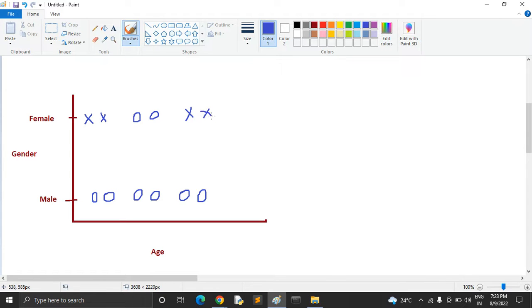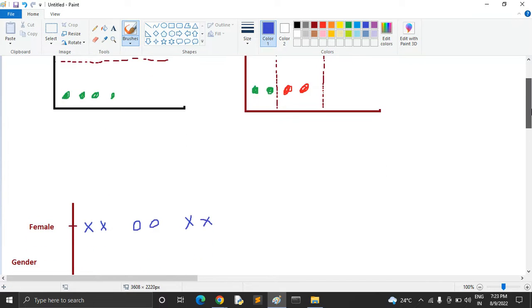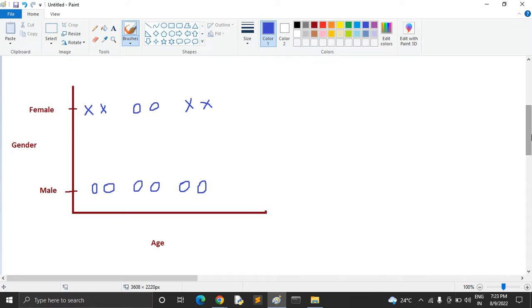Now you can relate to the previous example as to why we require a decision tree, because we have a mixture of data points in the same class. There are females who liked the movie and disliked the movie, whereas male is a completely pure class. It has only one category, liked, but female has two categories in it, liked and disliked.